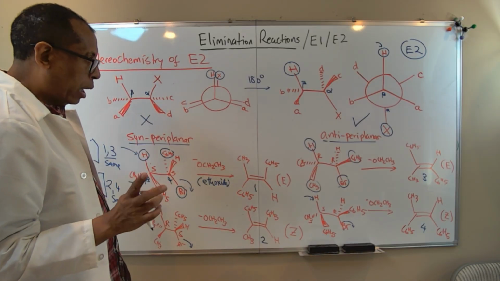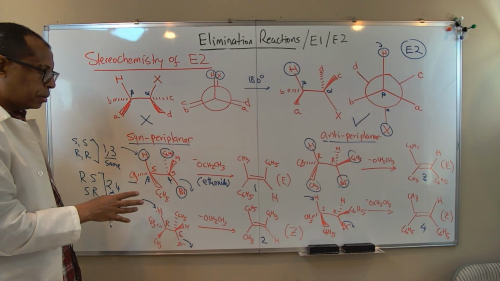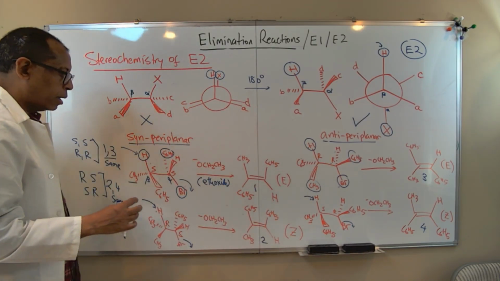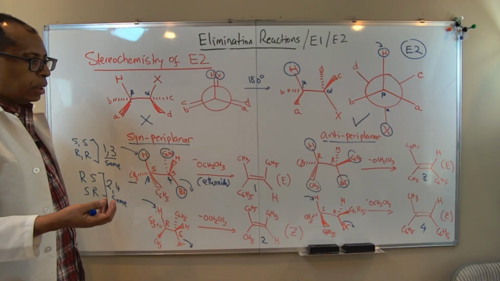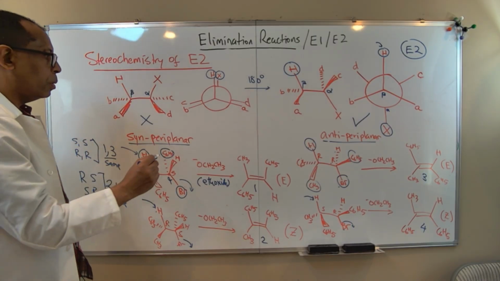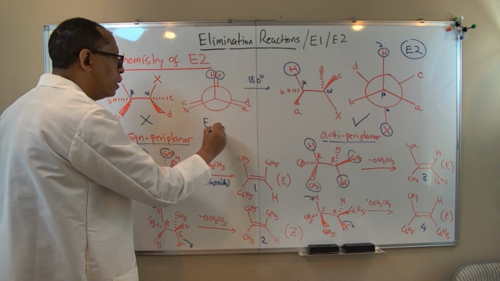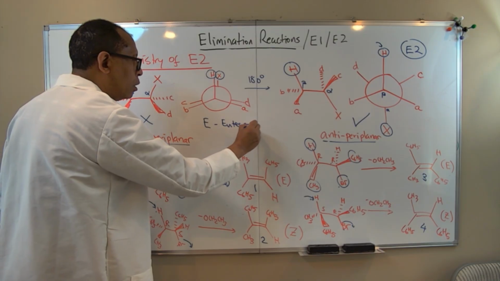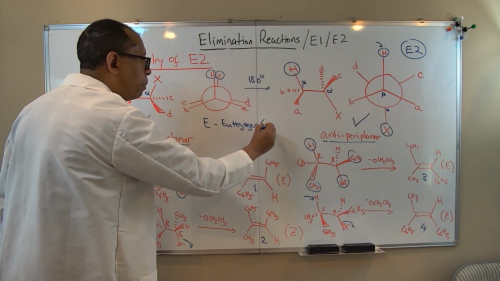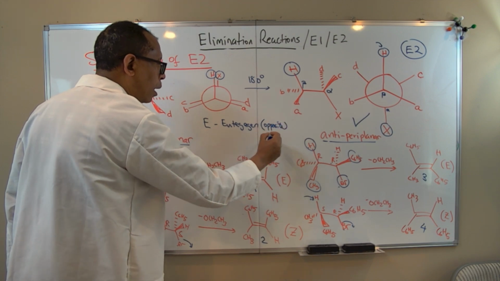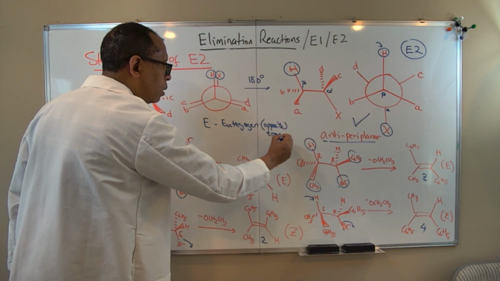One more new concept here I want to introduce would be the E and Z isomers. What are E and Z? E is for trans, Z is for cis. So E is entgegen, it's a German word, to be opposite. So these are trans, basically what you know.